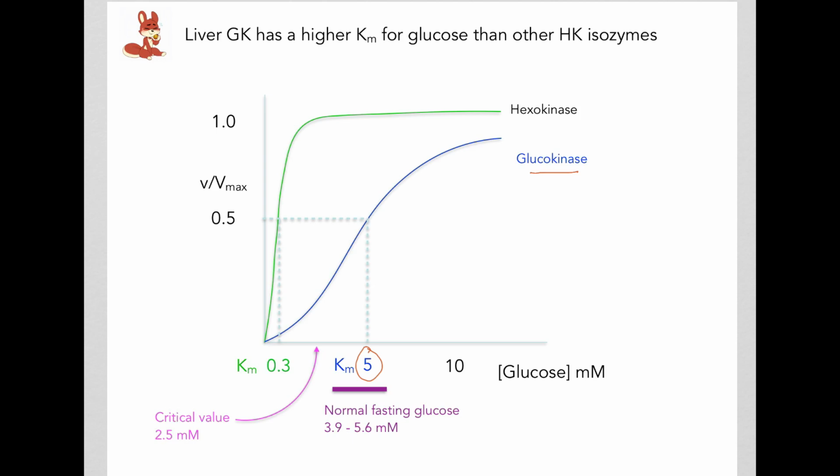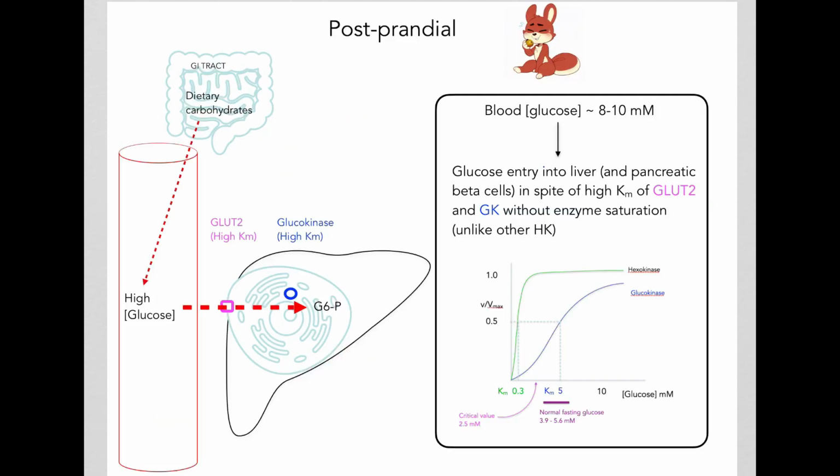Therefore, it has a lower affinity for glucose, while the other hexokinase isoenzymes have a very low Km for glucose, less than 0.3 millimolar, which means they have a higher affinity for glucose than glucokinase. So what is the physiological importance of this difference in Km between glucokinase and the rest of the hexokinase isoenzymes?